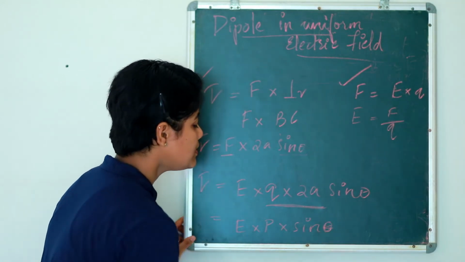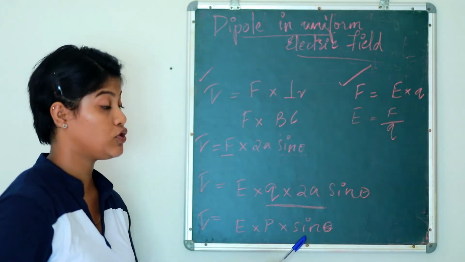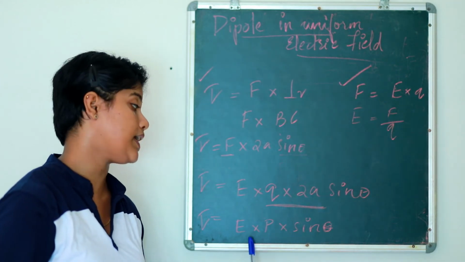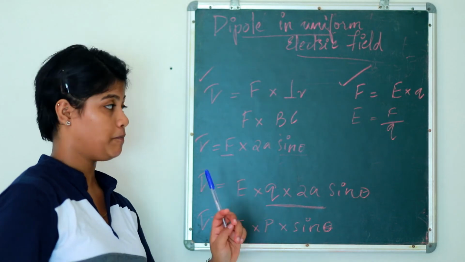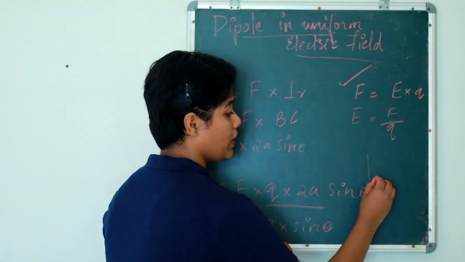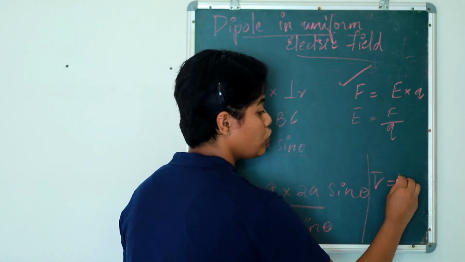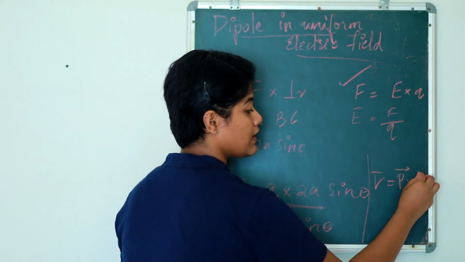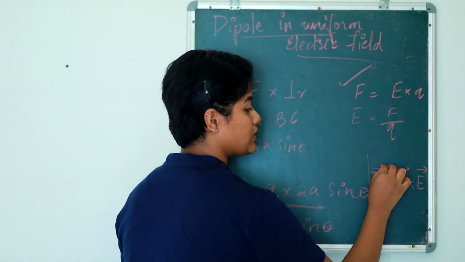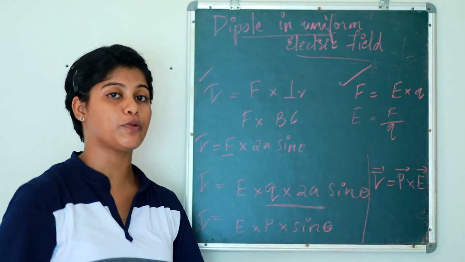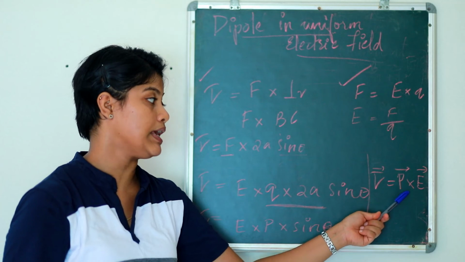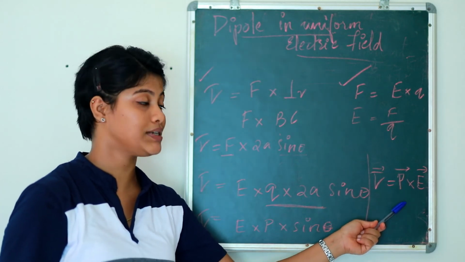Since the angle that comes here is sine theta, it can be taken as a cross product of P and E. So tau is equal to P cross E. Now all the quantities are in vector form. So we take the cross product of these two vectors, that is dipole moment and electric field.